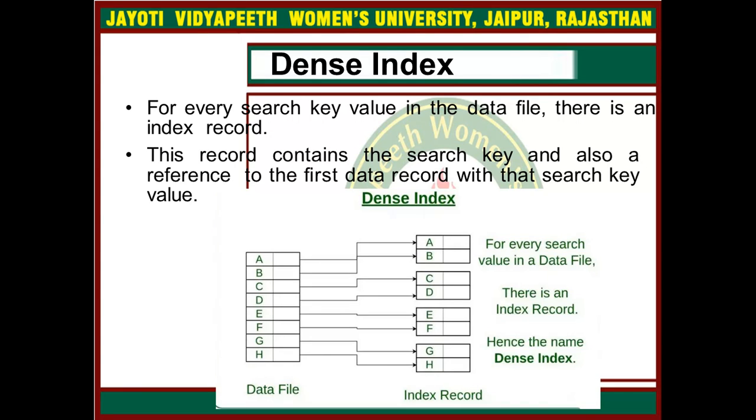In this diagram of a dense index, there is a data file, and these are the index records. The data is stored in a file, A, B, C, D up to H, and for every search value in the data file there is an index record, hence the name dense index.